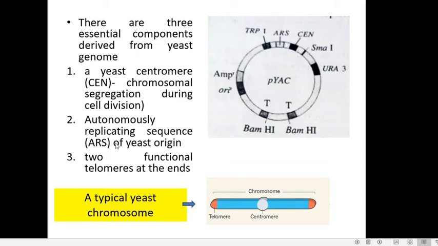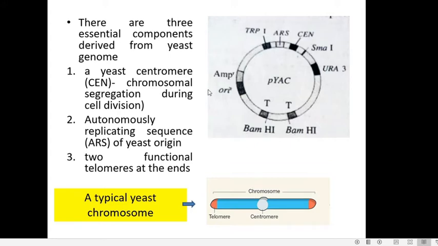Then second one is ARS, or autonomously replicating sequence. This is the ORI which will initiate replication of this genome, of this DNA molecule. Without this ARS sequence, replication won't initiate. So that is called as the ARS, which will initiate the replication of this particular DNA when it is in the yeast cell.